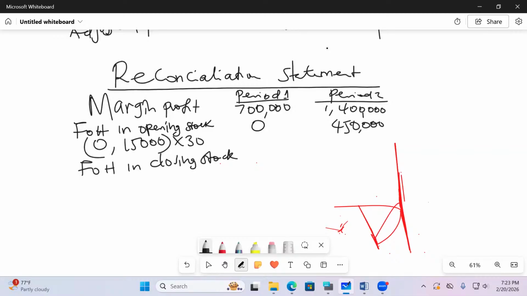How many units? 15,000 and 10,000. And do you remember the fixed overhead per unit, the one you used for absorption? The fixed overhead absorption rate. That is what you put there. So the first one will be what here, somebody? 450,000, eh? And then what do we have here in this case? 300,000.